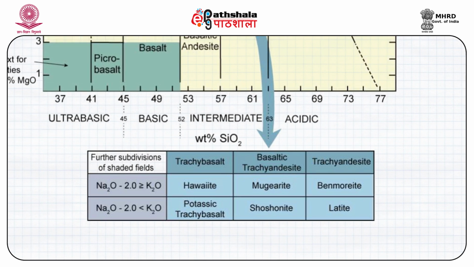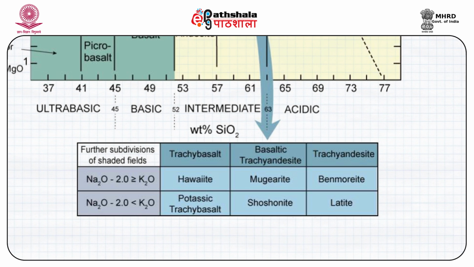Now, another important thing that we can see here is that we have some rocks with very strange names: hawaiite, mugearite, benmoreite.